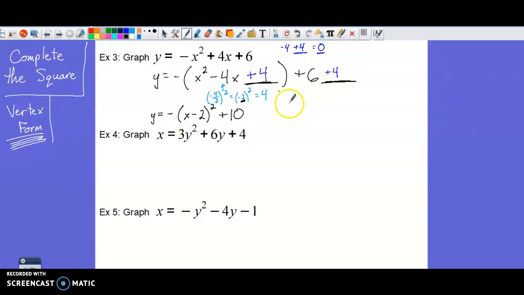So now, based off of everything we've learned, first of all, this is an up and down parabola because it's y equals x squared. How is it shifted? It's shifted right 2, up 10.